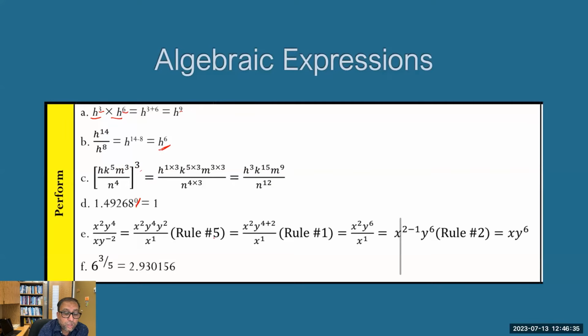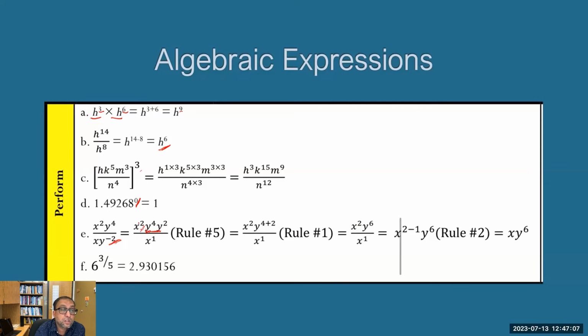We apply the rule here, rule 5, like x squared y^4 over x^-2. So we see here the exponent is negative. So what we can do is take it to the numerator, since it's in the denominator, and make the exponent positive. And then these are the same bases, so we apply the rule that their exponents add up.